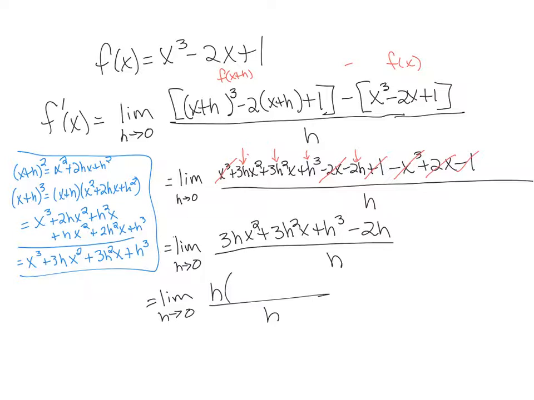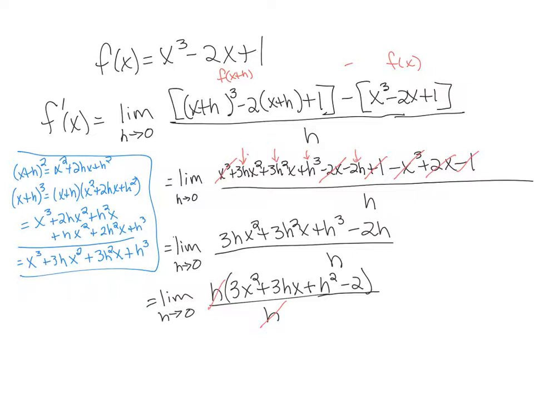Factor the h out of the top. I'm left with 3x squared plus 3 with an h left and an x, plus factoring h out of h cubed gives me h squared minus 2, and the h got factored out. And now, bang, bang, those guys are gone.